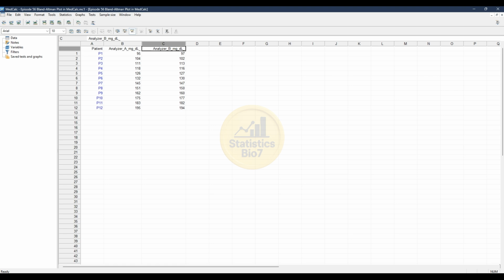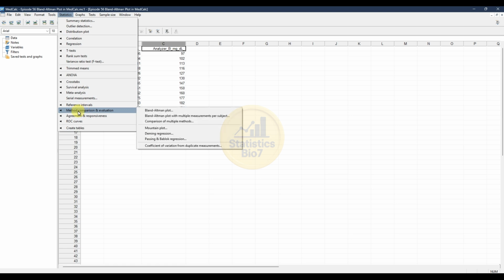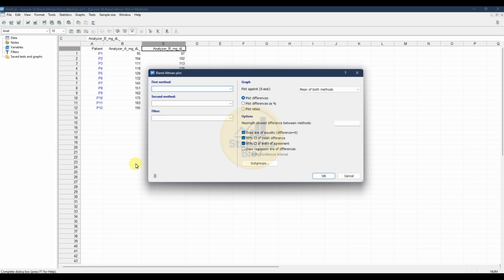Now, the data is used for the Bland-Altman plot analysis in MedCalc software. Go to the top menu, select Statistics, then select Method comparison and evaluation, and then select Bland-Altman plot.